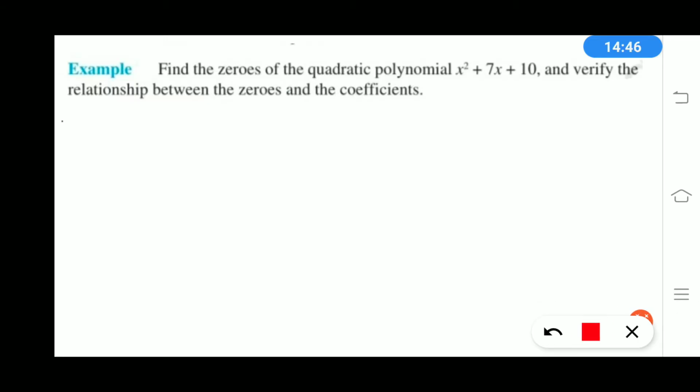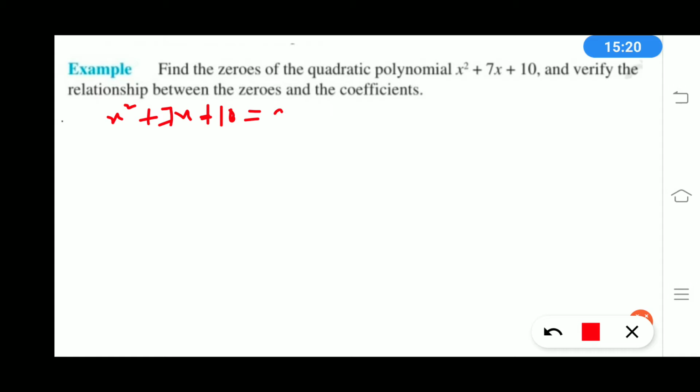Find the zeros of the quadratic polynomial x square plus 7x plus 10 and verify the relationship between the zeros and the coefficients. Here in your question, find the zeros of the quadratic polynomial, that means we factorize the given polynomial. Here the polynomial is x square plus 7x plus 10. Clear? So 10 is 2 into 5, and 2 plus 5 is 7.